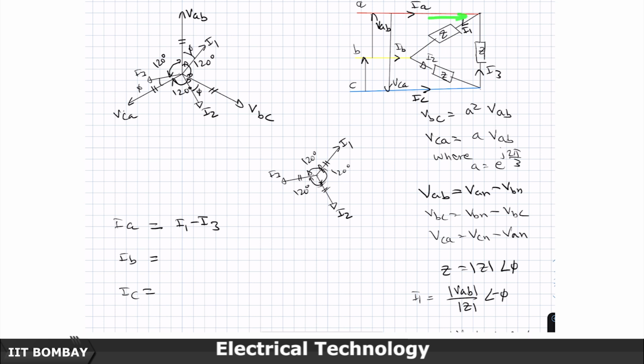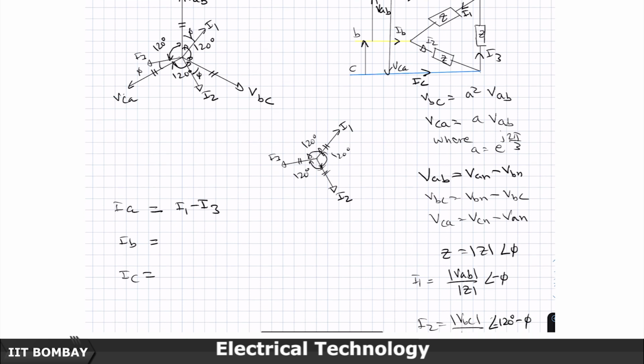IA comes here, it should flow out of these 2 branches. On this branch it flows out as I1, on this branch it will flow out as minus I3, because the incoming into the node is I3. So, the outgoing from the node is minus I3. The 2 outgoings from this node are I1 and minus I3. You sum those 2 outgoings, it should be equal to the incoming IA. Therefore, IA is equal to I1 minus I3.